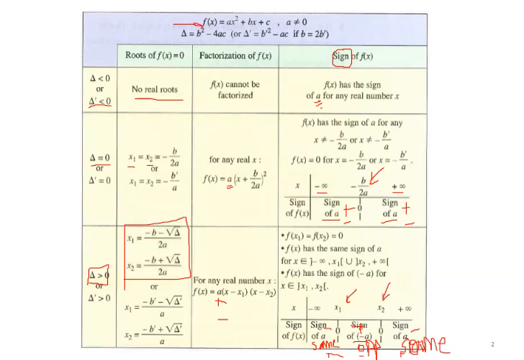We learned it in class. Inside the roots, the sign is opposite to a, and outside the roots, the same sign as a. So if a is positive, we have plus, minus, plus. If a is negative, we have negative, positive, negative.